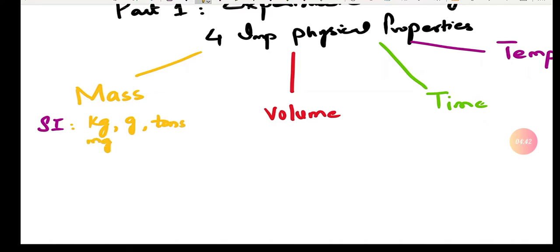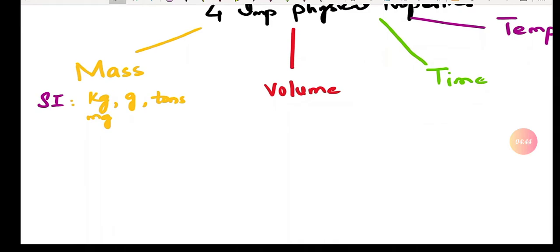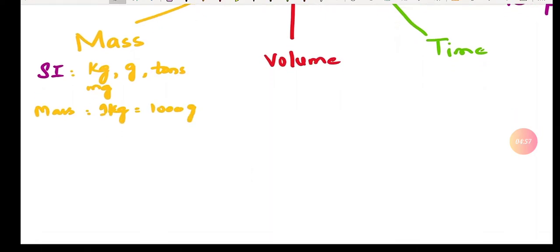You can come across different units while solving different problems. And you should also know one of the major conversions: 1 kilogram is equal to 1000 grams.